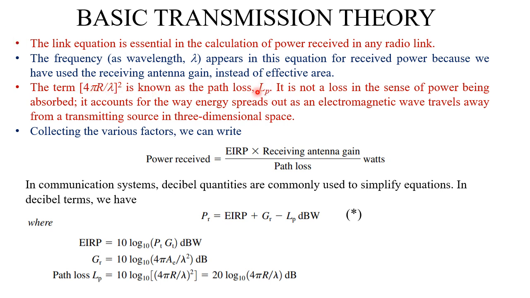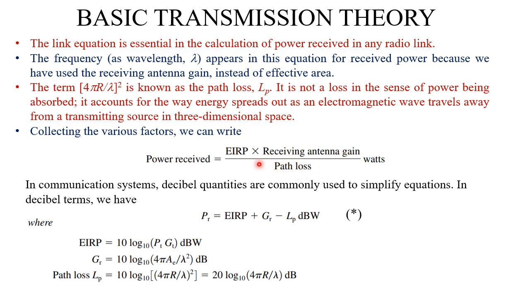written as LP. So it is not a loss in the sense of power being absorbed, right? There is no absorption term in 4 pi r by lambda whole square, but it is shown as a loss because it is in the denominator, right? So the expression for received power is EIRP into receiving antenna gain divided by path loss.